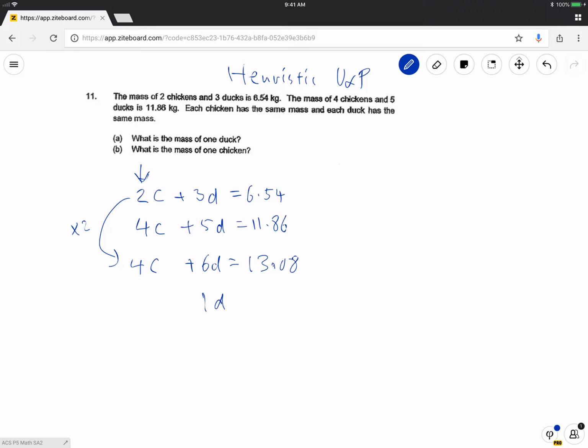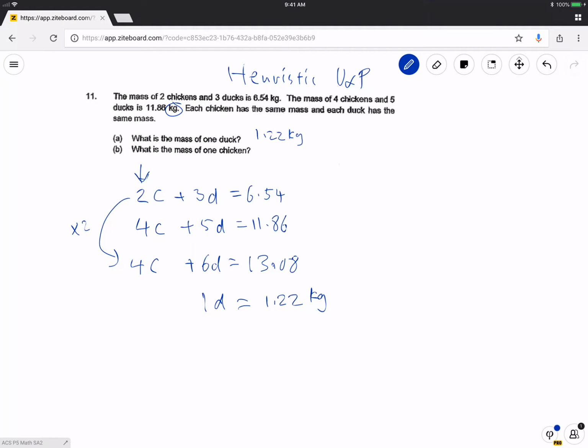Right, so 1 duck is 13.08 minus 11.86. 1.22. So 1 duck is $1.22. Sorry, it's not money. It's kilogram. 1.22 kilogram.